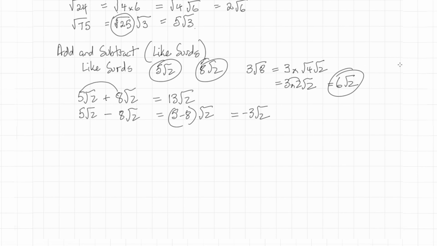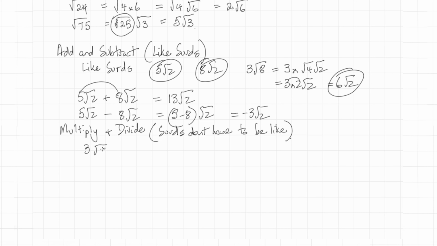When you are multiplying, dividing, surds don't have to be like. For instance, 3 root 5 times 2 root 2 will be equal to, now we multiply the numbers out the front together.